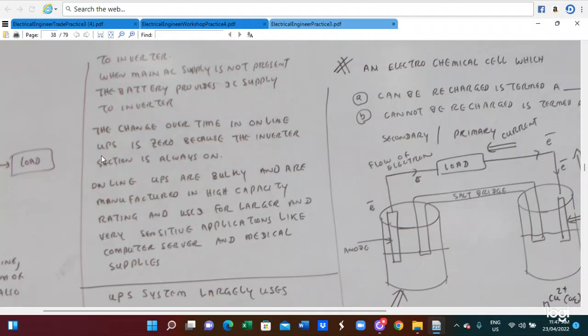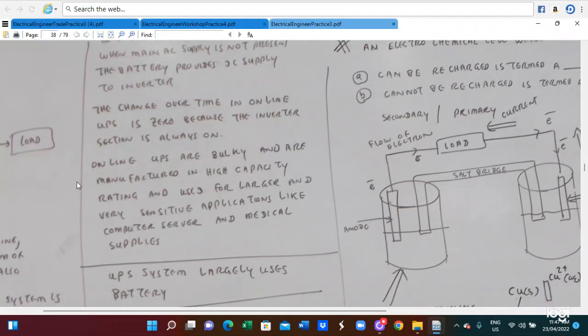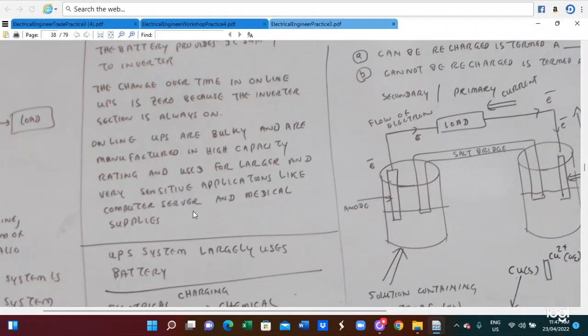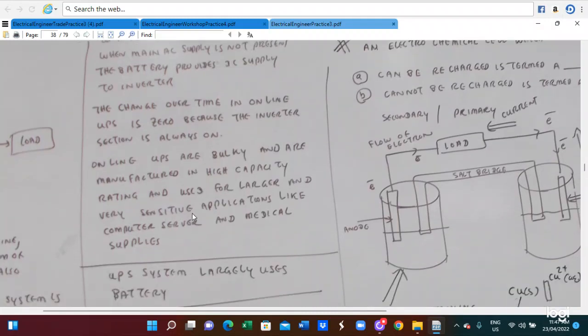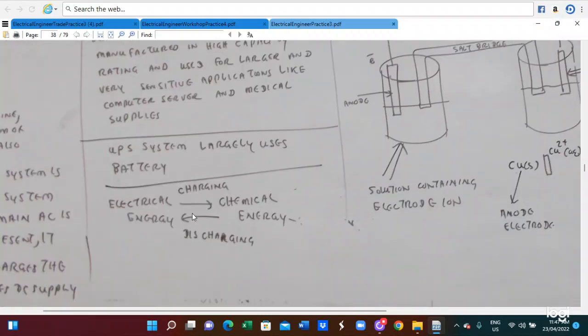The changeover time of online UPS is 0 because the inverter is always on. Online UPS are bulky and are manufactured in high capacity ratings and used for large and very sensitive applications like computer servers and medical supply. Because of computer servers and medical supply, we might use the online UPS system.